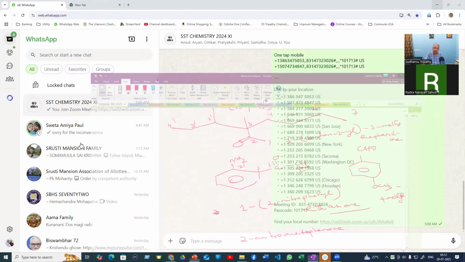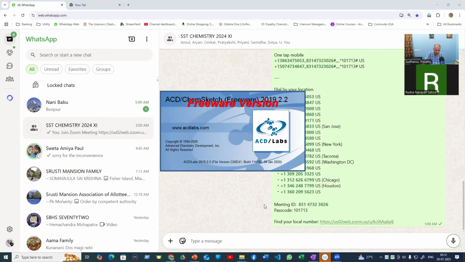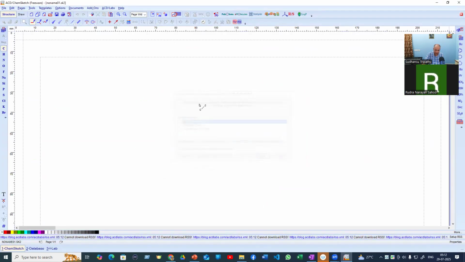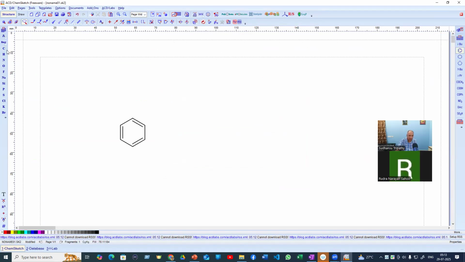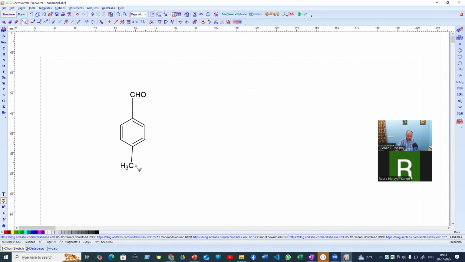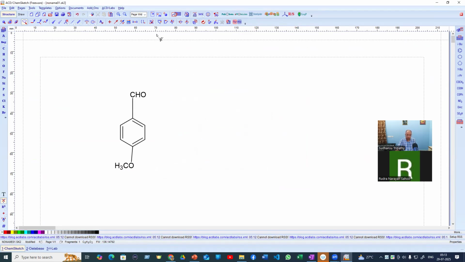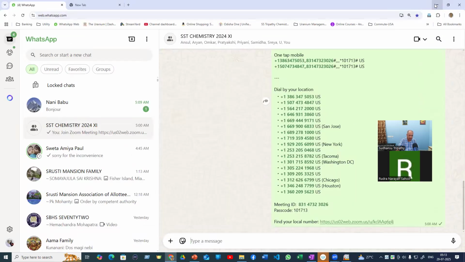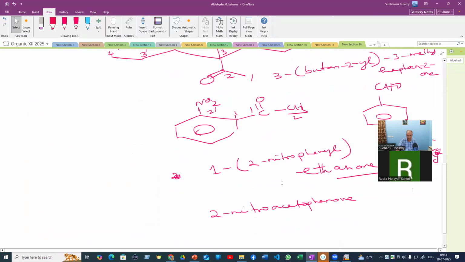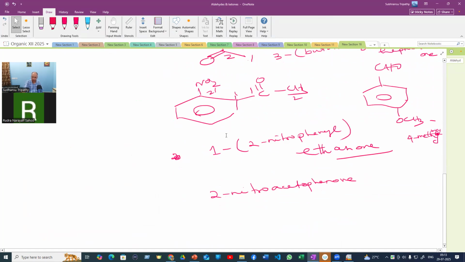There is nothing called benjanal. So, 4-methoxybenzaldehyde.